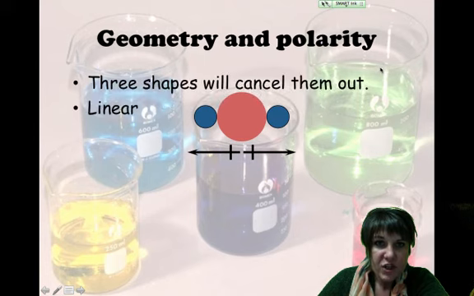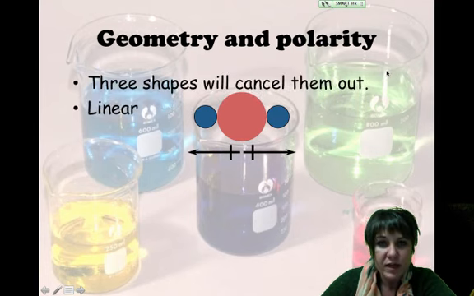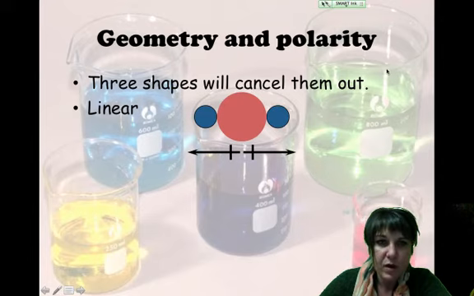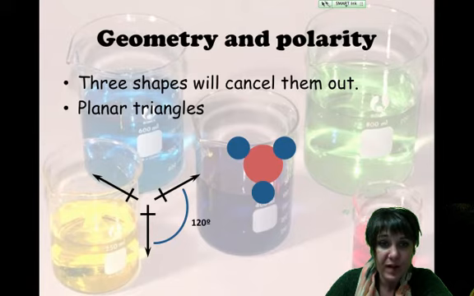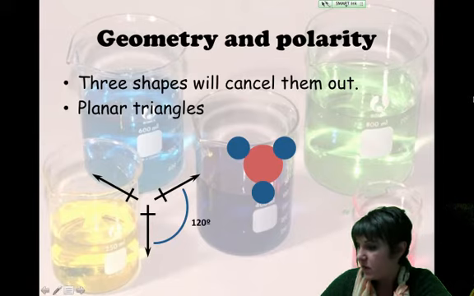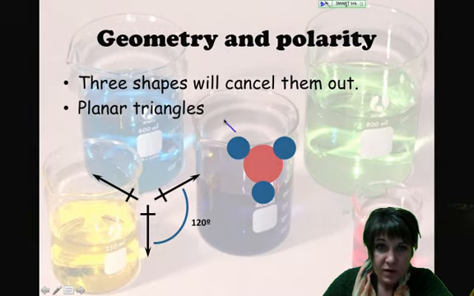So three shapes in particular will cancel out. If you have triatomic linear, or more than three atoms, any polyatomic linear molecule could potentially cancel your dipole moments. Planar triangles tend to have dipole moments that can cancel as long as all three atoms that you have here are the same ones, then your dipoles end up canceling out.